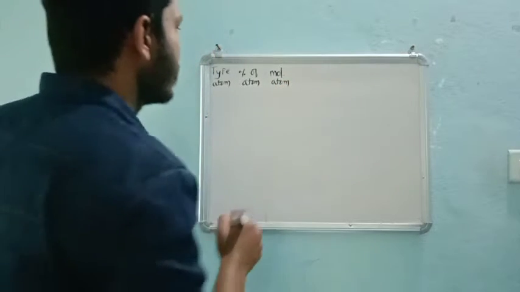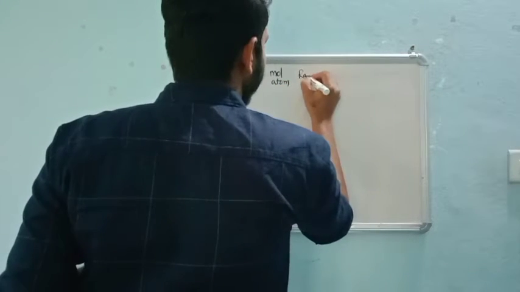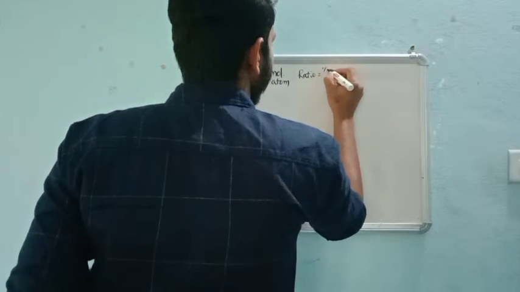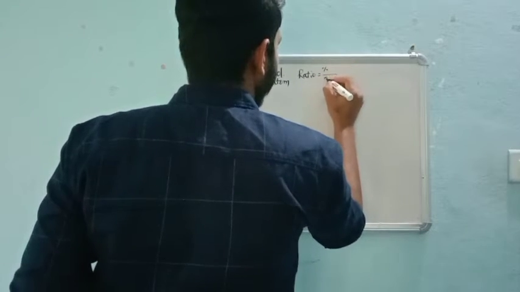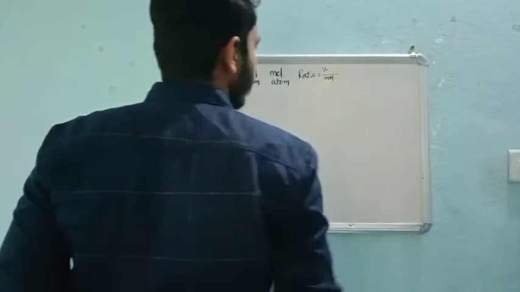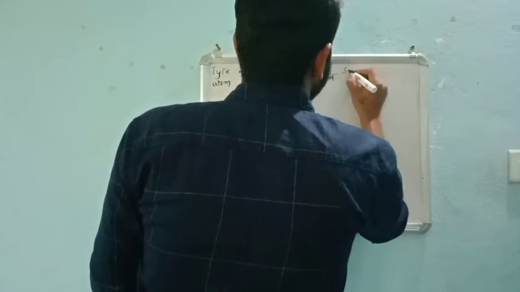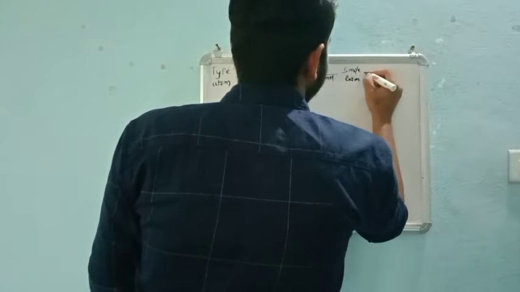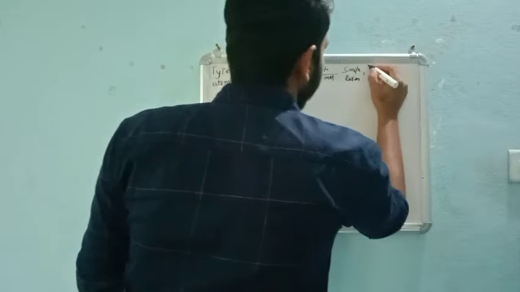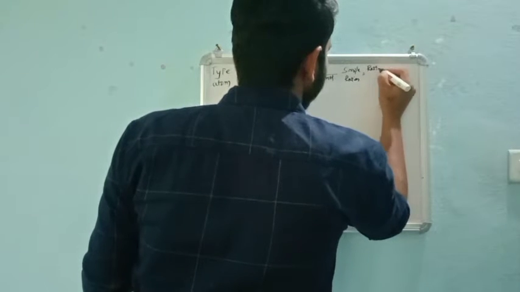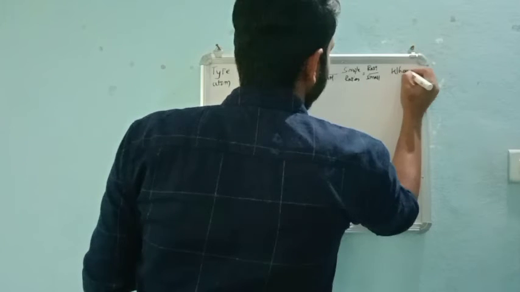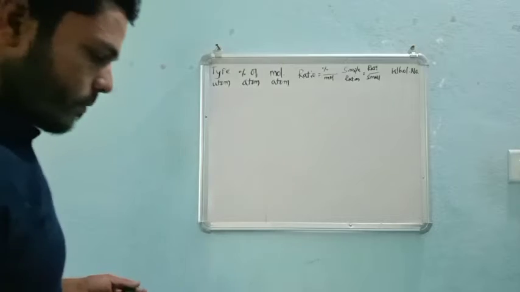Already we have discussed two problems, so I will go in shortcut now. Then the ratio is nothing but percent divided by molecular mass. Then the simple ratio will be the ratio divided by the smallest ratio, and finally we get a whole number. So this is our chart, right?